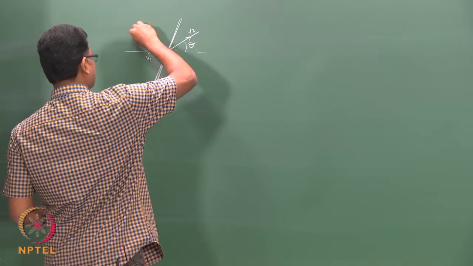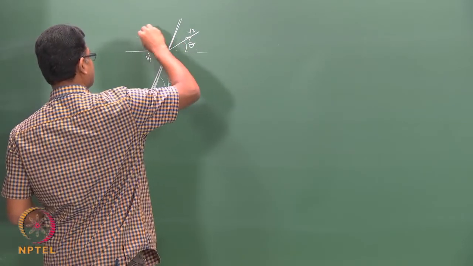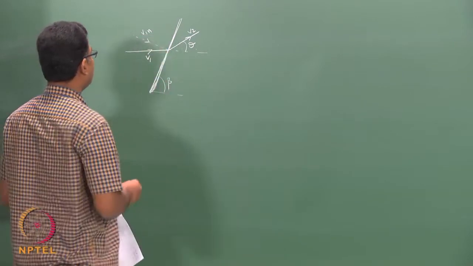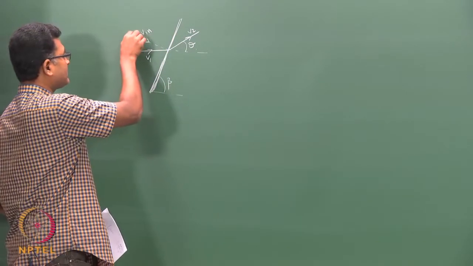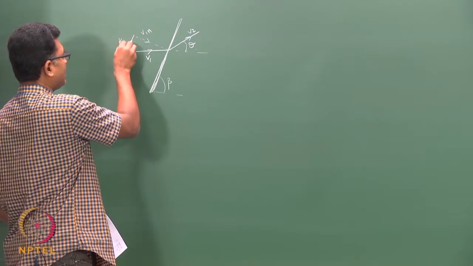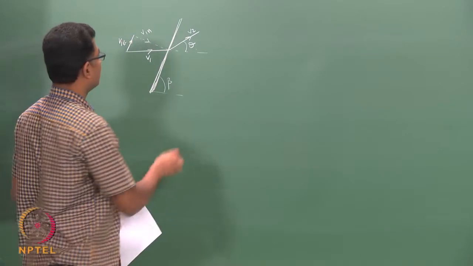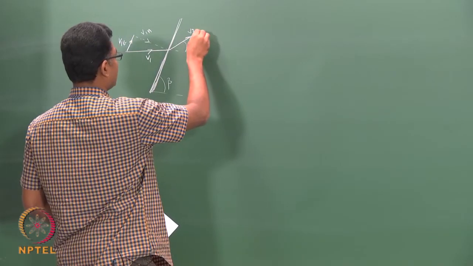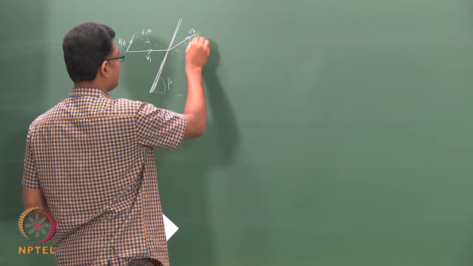The normal velocity before the shock is this, which is V1n, and the tangential component is this, V1t, and we have also seen that V1t is the same as V2t.